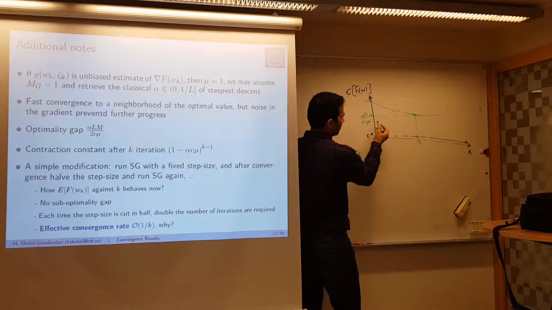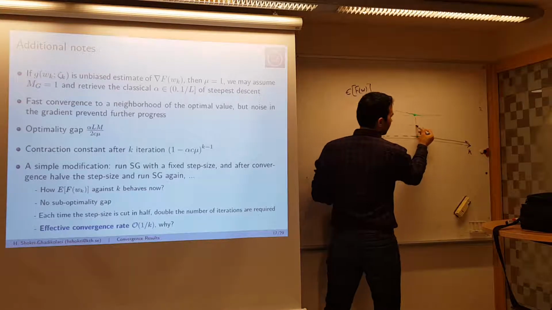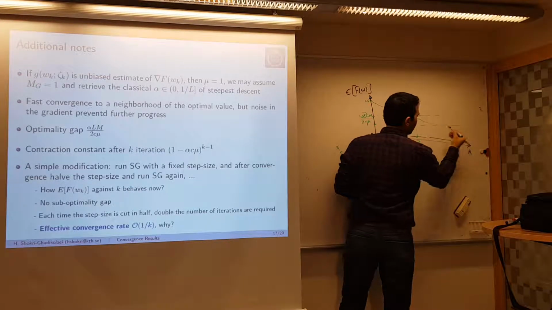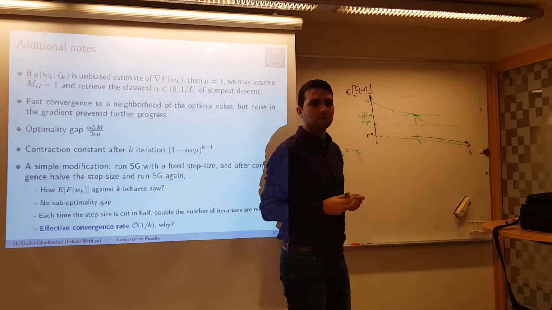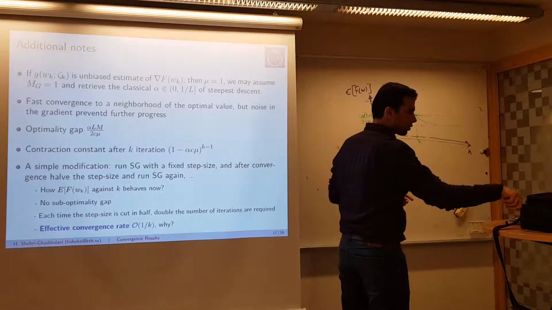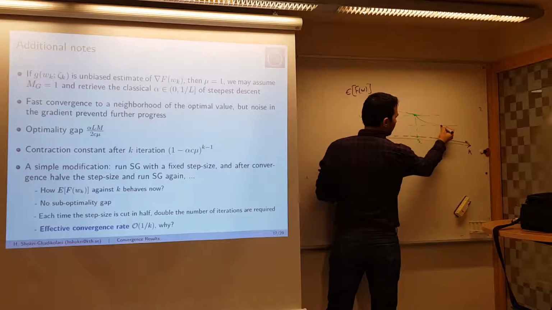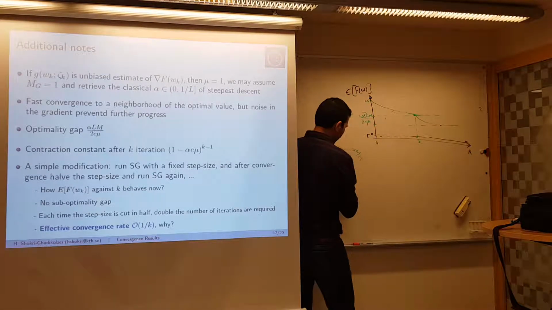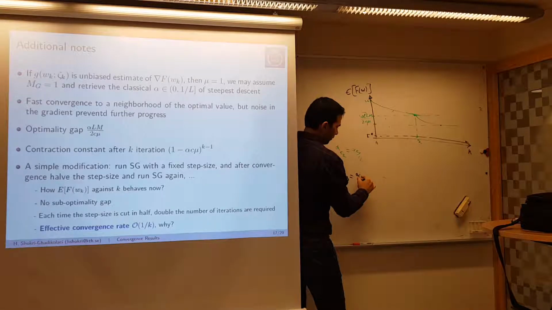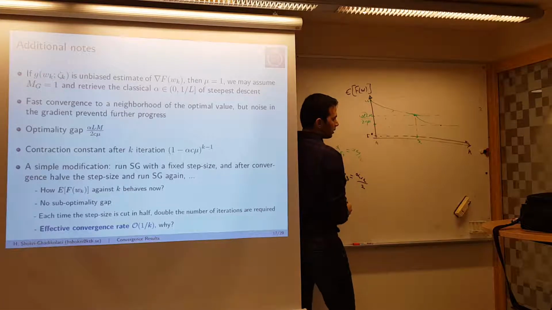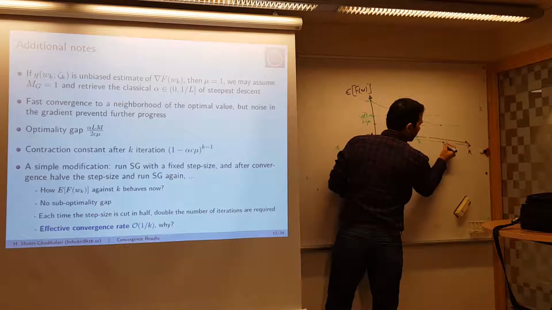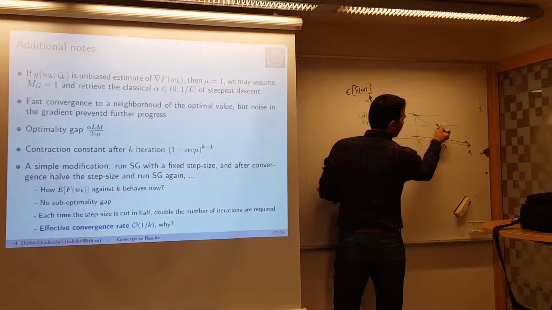So what does it mean? It means that now you can make another progress and go closer and closer to the optimal solution, right? Once you get closer here, you can make alpha R3 equal to alpha R2 divided by 2. Just assume that this is R3, then you can converge.